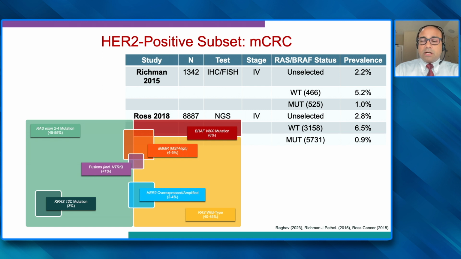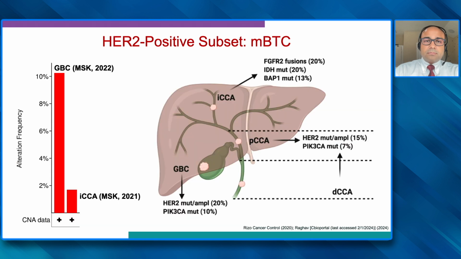And this is an important clinical implication. So, in this large colorectal landscape, you can see that it represents about 2 to 4% of all colorectal cancers.